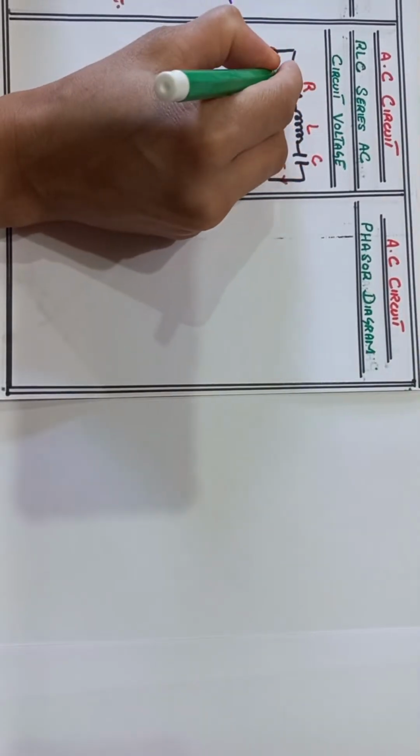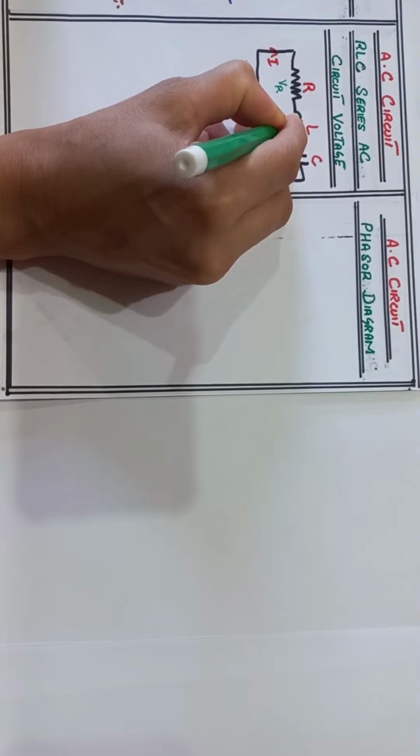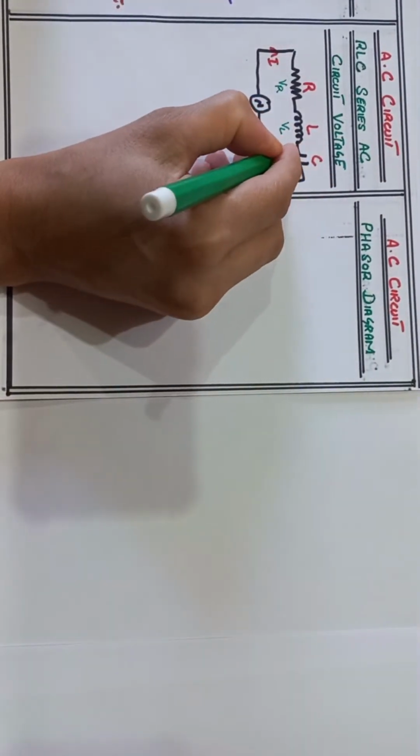Voltage across the resistor R is represented by VR, voltage across the inductor L by VL, and voltage across the capacitor by VC.